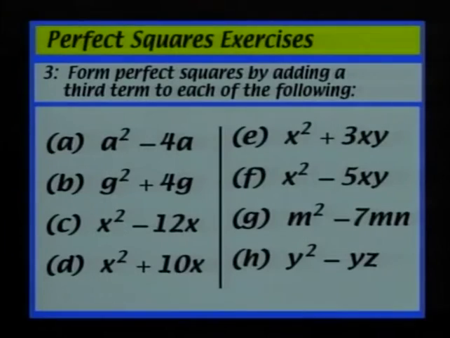X squared plus 3xy plus 2.25. Okay, can you tell me how you got 2.25? Half of 3 is 1.5. The square of 1.5 is 2.25.